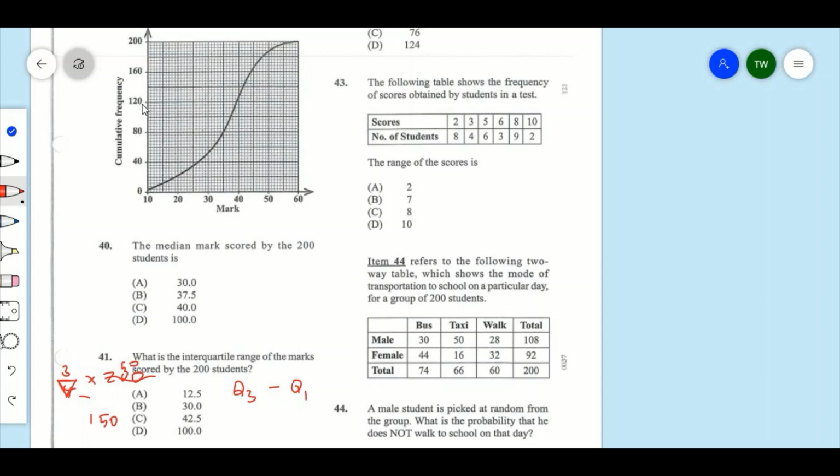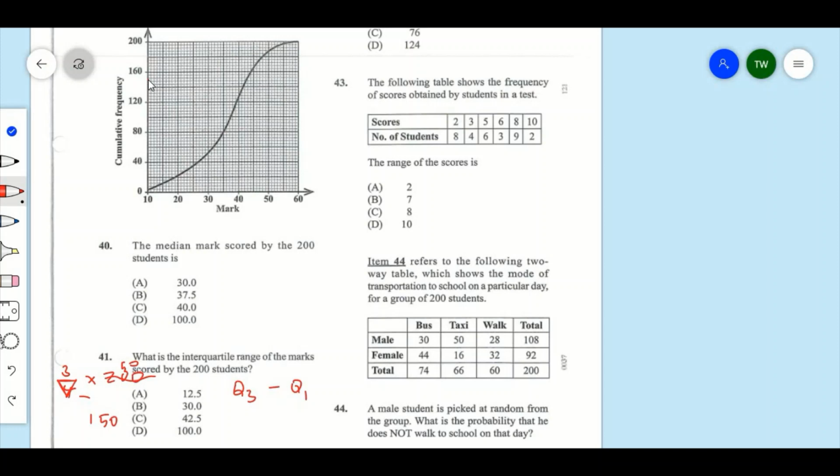Here is 120, which means that here will be 140. One small box is 4, so that would be 144. Another small box would be 148, and halfway between the next one would be 150. So 150 is about here.